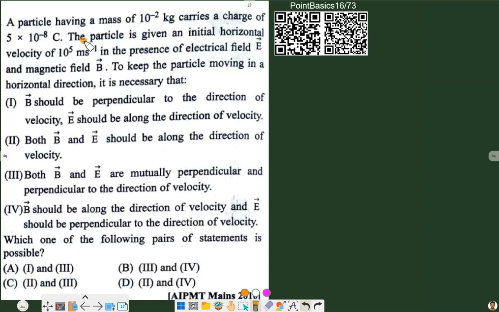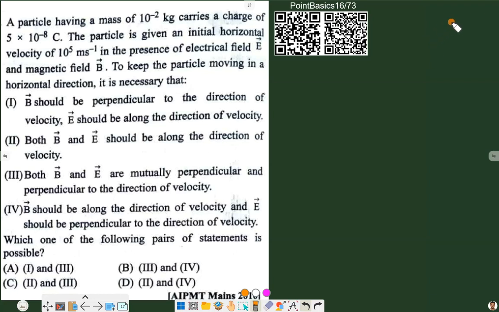The particle is given initial horizontal velocity 10 raised to power 5 meter per second in the presence of electric field E and magnetic field B. To keep the particle moving in the horizontal direction, it is necessary... So it is mentioned that the particle is given horizontal velocity.